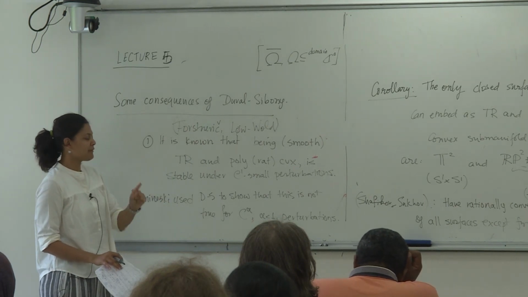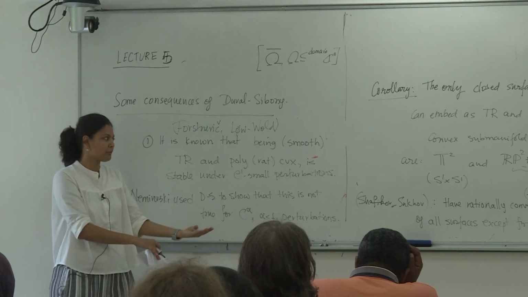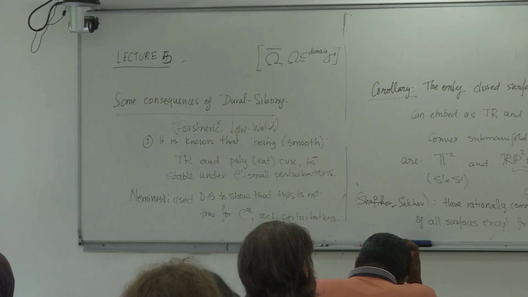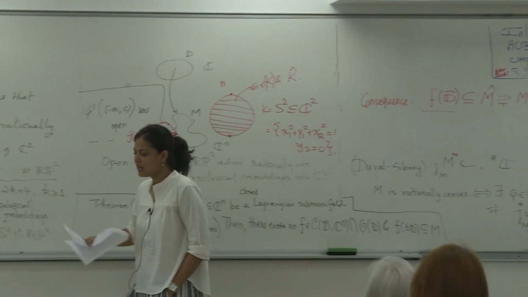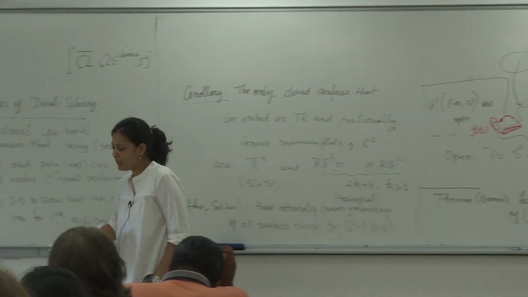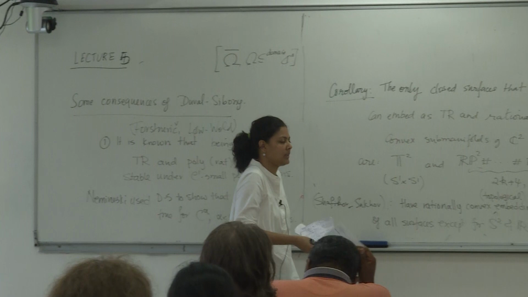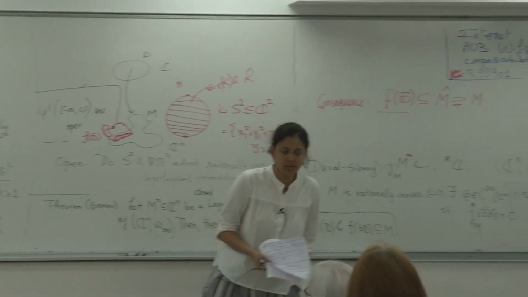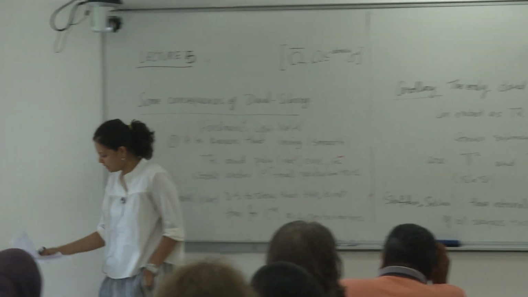And then he showed that they're not Lagrangian with respect to any symplectic form, and therefore was able to conclude that they are not actually rationally convex. So you have to use the fact that there are some invariants that are attached. If you have, let's say, a totally real torus, you can compute certain invariants to tell whether it appears as a Lagrangian submanifold or not. Okay, so there is a fair amount of work involved over here.